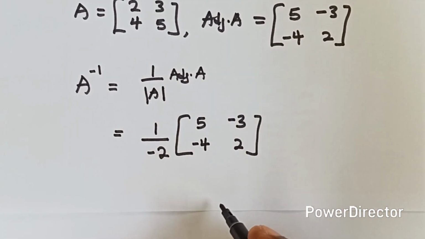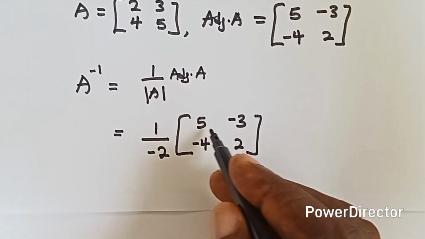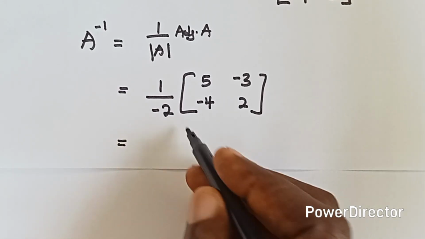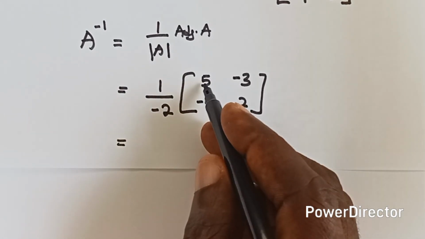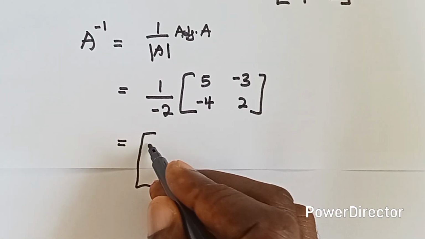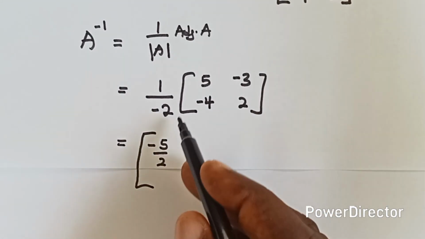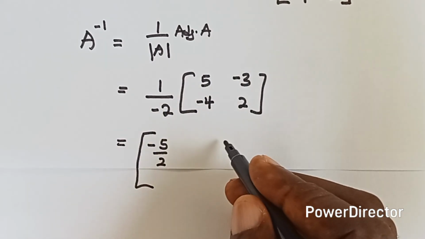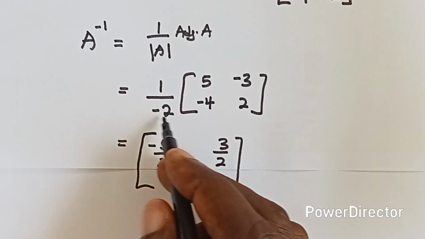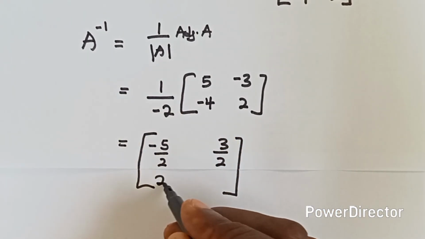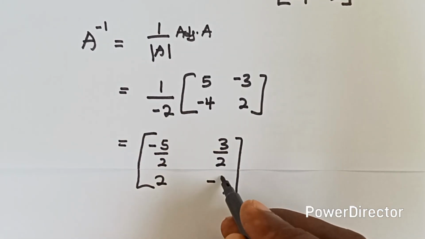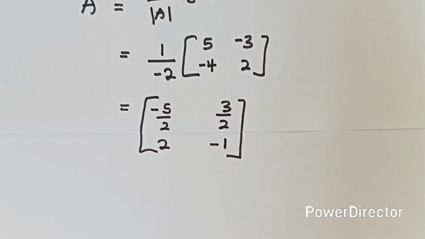Now let's multiply each of these elements by 1 over minus 2. 1 over minus 2 times 5 gives us minus 5 over 2. Then this times this gives us 3 over 2. Then 1 over minus 2 times minus 4 will give us 2. And lastly, 1 over minus 2 times 2 will give us minus 1. So we have done that.